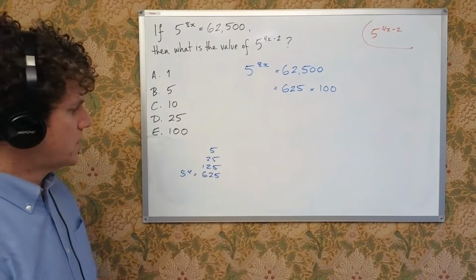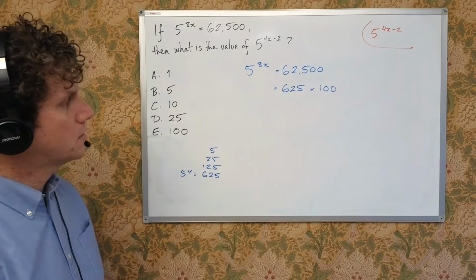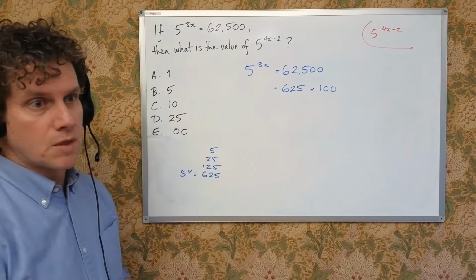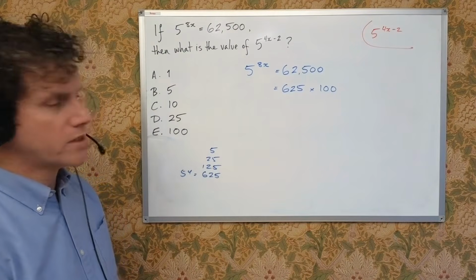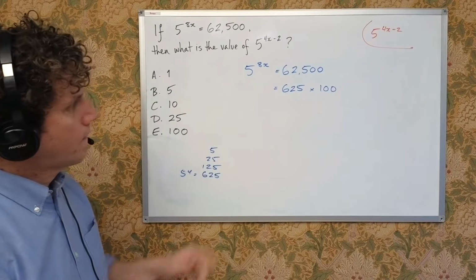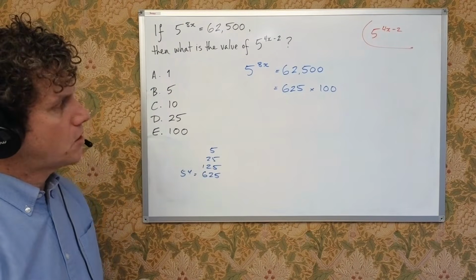Is that useful? Is that similar? Is that close? Maybe. And then we've got 100, which is one of our favorite square numbers. Nice and round, readily recognizable as 10 squared. But we've still got this very weird exponent over here.